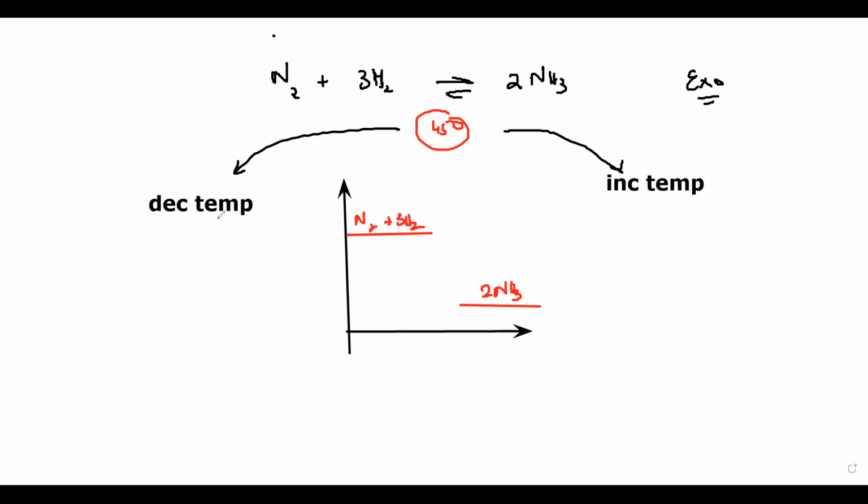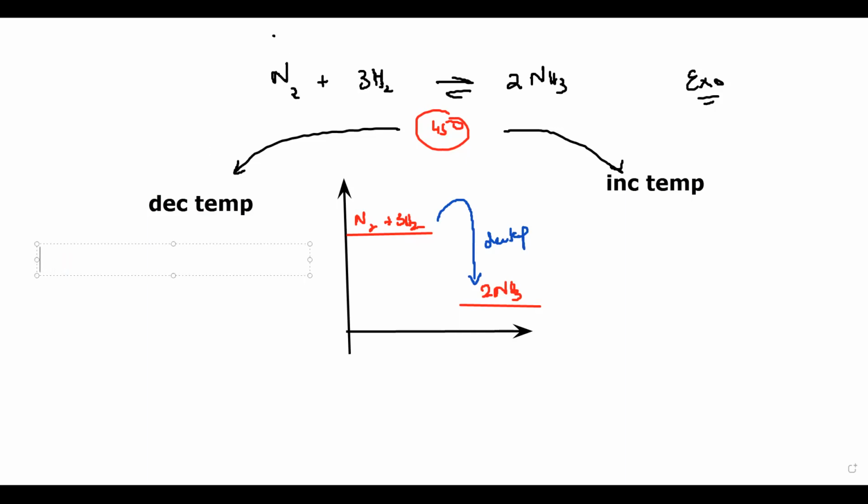if we decrease the temperature, two things will happen. Number one, what about the balance? Because it's a reversible reaction, if we decrease the temperature, we remove energy, so the equilibrium will shift towards the right hand side.